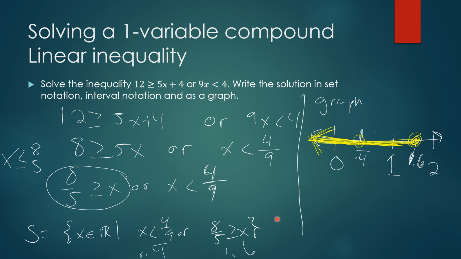Looking at this graph now, I could actually change my set notation to only include this. Why? Because the first solution is actually encompassing, or inside, the second one as well.